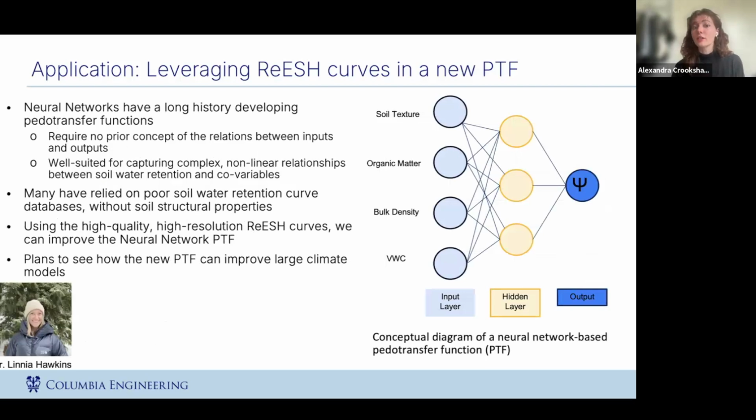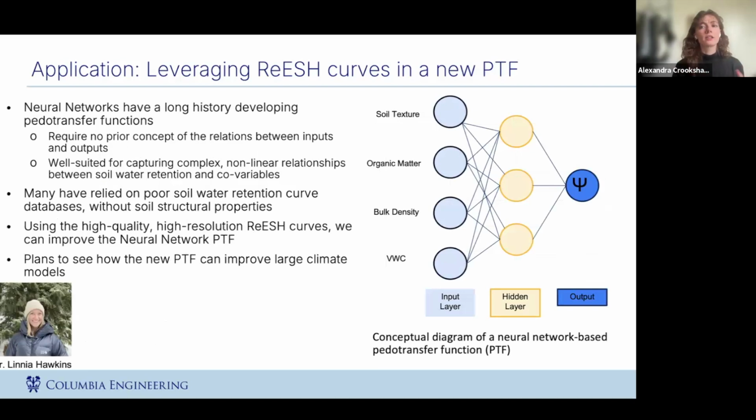Neural networks have a long history of being used to develop pedotransfer functions. The Rosetta pedotransfer function that I showed earlier is actually an example of a neural network pedotransfer function. And that is because the neural network does such a good job without prior concept of the relationships between inputs and outputs, and because it is so well suited for capturing complex nonlinear relationships.